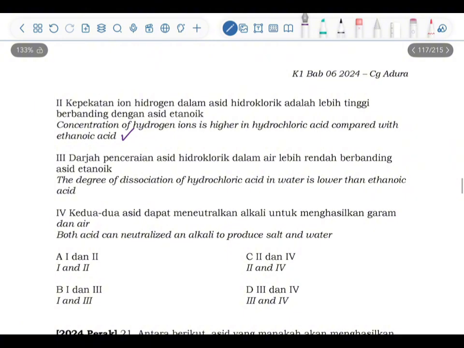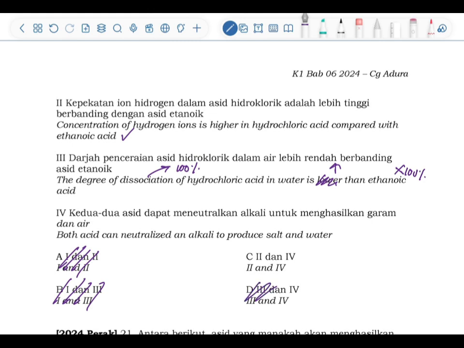Yes, 2 is correct, but 1 is wrong, so we already can cancel out A and B. C. The third, the degree of the dissociation of the hydrochloric acid in water is lower. No, it should be higher. It means that the hydrochloric acid dissolves 100%, but this ethanoic acid does not dissolve 100% in the water. So 3 is also wrong, so the answer is 4.